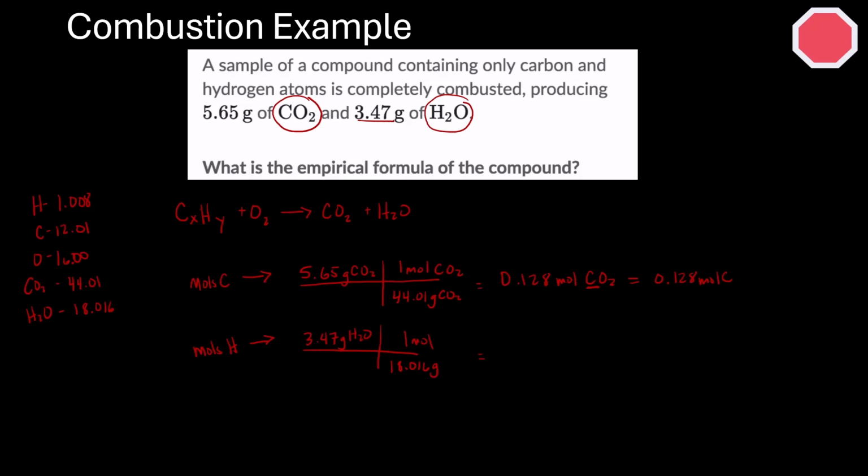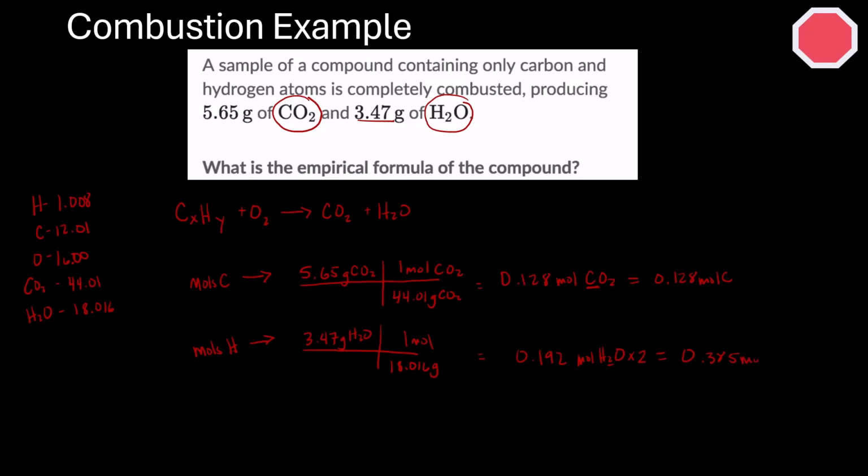When we divide that out, we should get 0.192 moles of H2O. Now this one is a little bit interesting, because if we have 0.192 moles of H2O, how many moles of just hydrogen do we have? Well, we have 2 hydrogens in the molecule, so we have to multiply this number by 2 to get moles of hydrogen, because we have 2 moles of hydrogen for each mole of water.